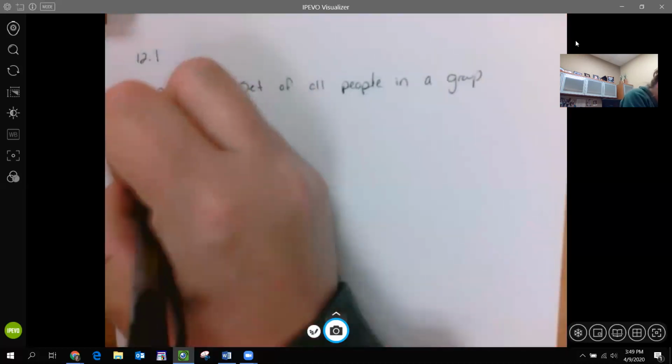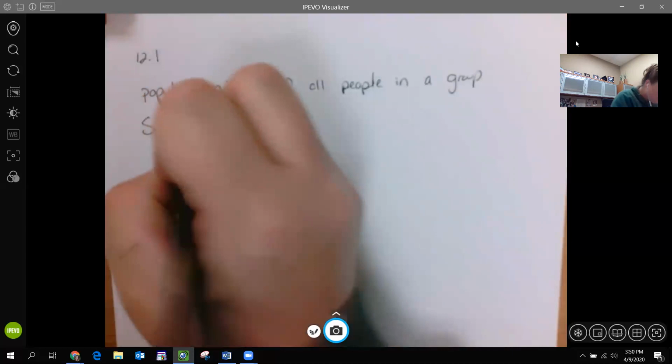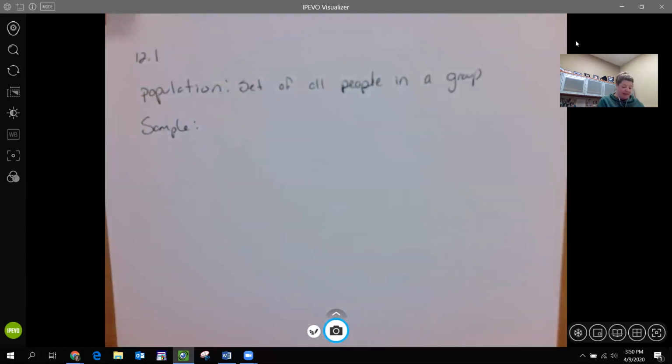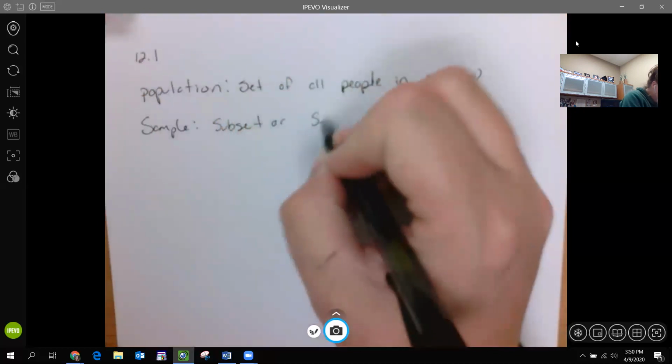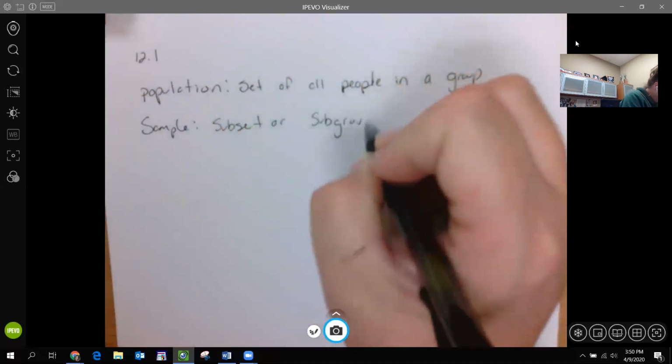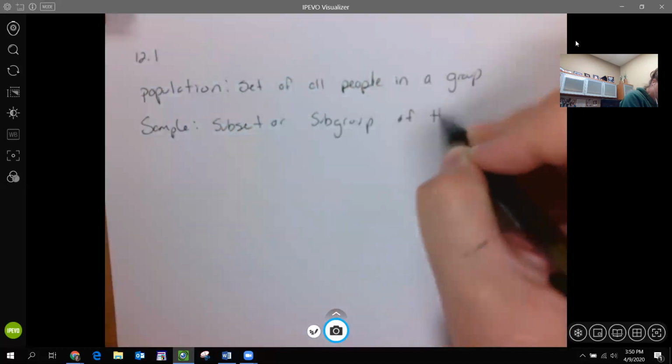Okay, and what would be a sample? A sample is a part of that population, so we call it a subset or subgroup of the population.